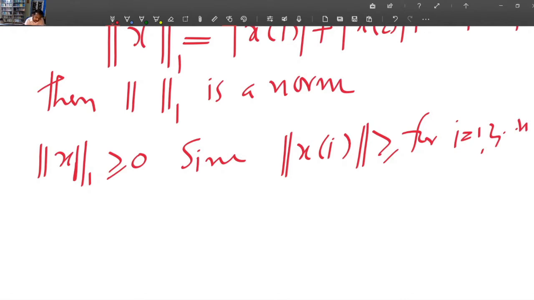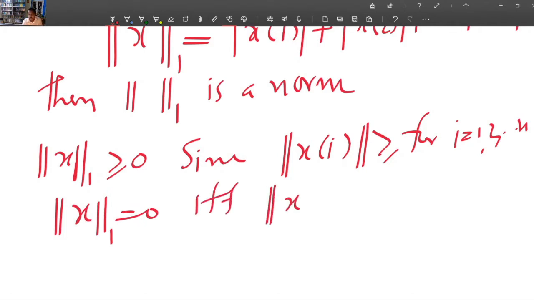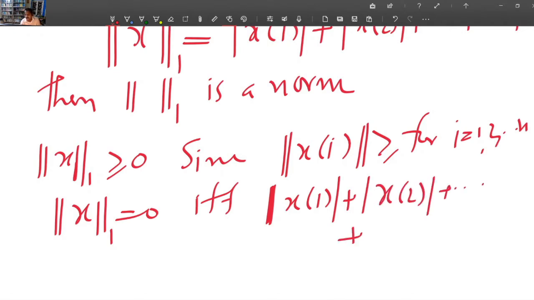And the 1 norm of x is equal to 0 if and only if the sum modulus of x of 1 plus modulus of x of 2 plus etc. plus modulus of x of n is 0.